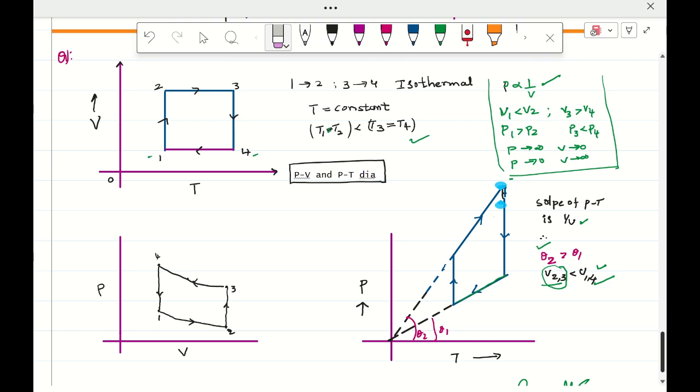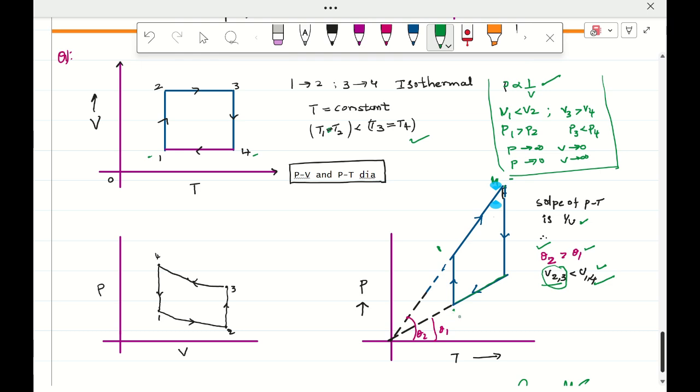V1,4 is less. Because theta 2 is more, the value is less. Theta 1 is less, so the slope of the PT graph is less, and its value is more.